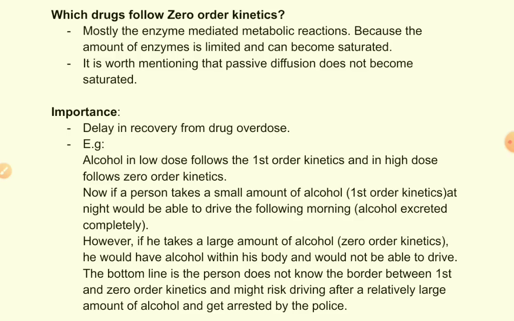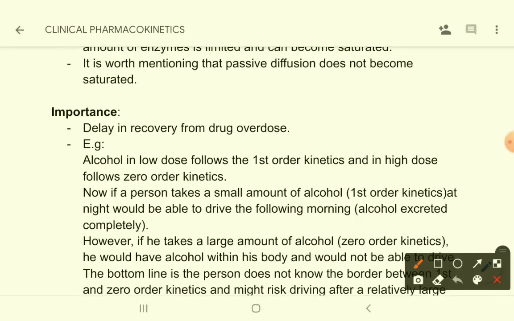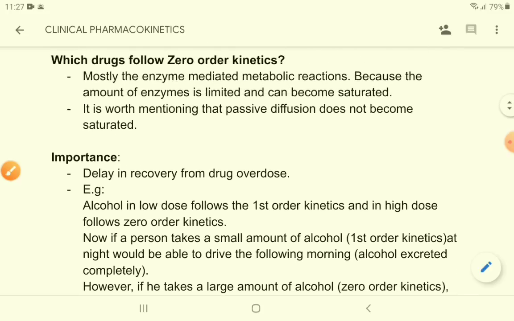So you can see here that mostly the enzyme mediated metabolic reactions follow zero order kinetics because the amount of enzymes is limited and can become saturated. It is worth mentioning that passive diffusion does not become saturated.